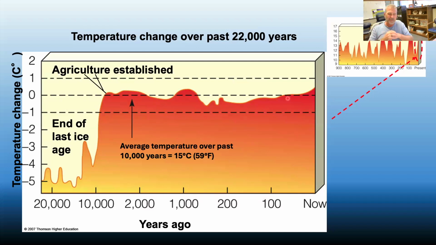Again, we'll unpack some of those. Some of them are things that were happening here on Earth. Some of them are things happening with the Earth in terms of its rotations and its rotation around the sun, energy inputs and outputs, all of that kind of stuff. But by and large, it's hovered right in or around that 15 degrees Celsius range.